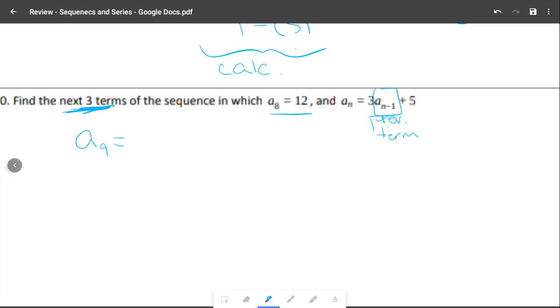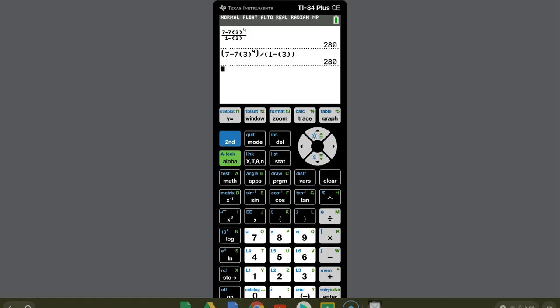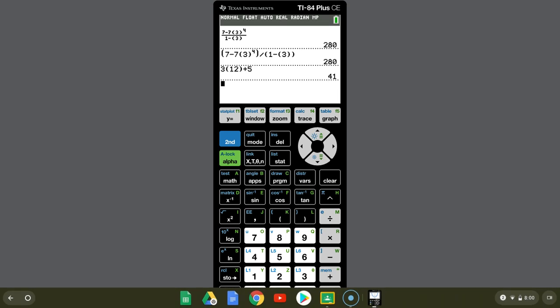It's going to equal 3 times your previous term. If I'm looking for A9, the previous term would be A8, which is the 12, and then plus 5. So you can type this into your calculator. You should get 41.